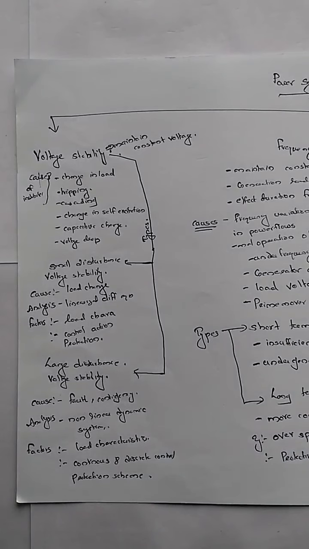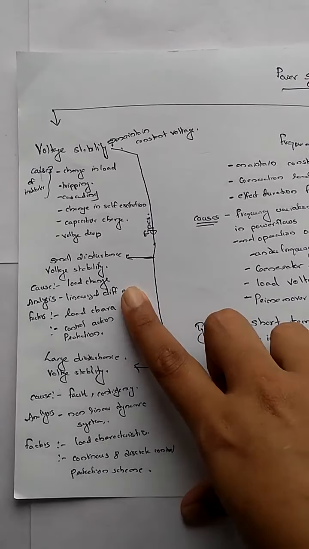For this we need only linearized differential equations for analysis, and the main factors that help in damping this voltage instability, or help to control it, are the characteristics of the load in the system, and the control actions and protection systems we employ.